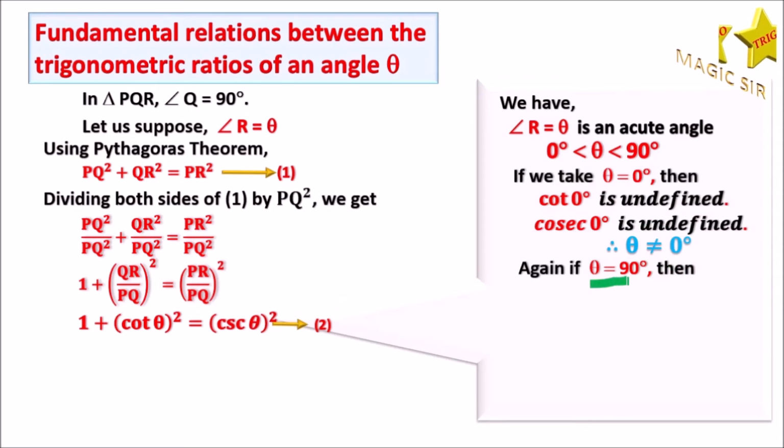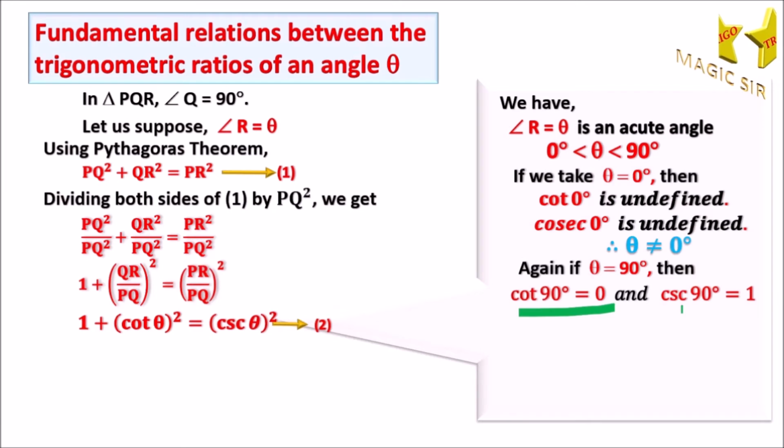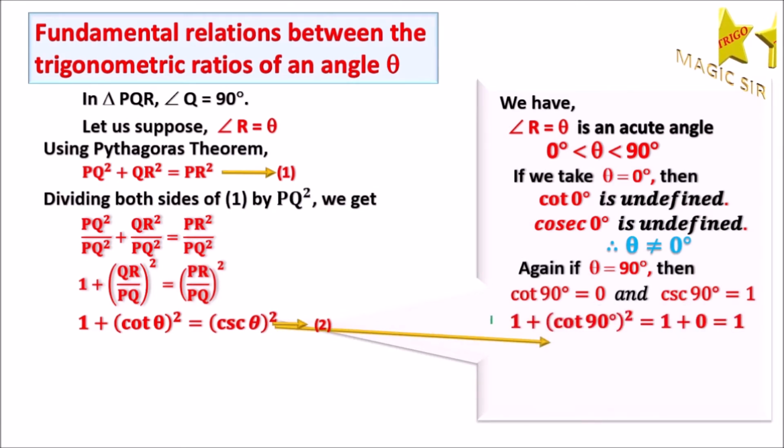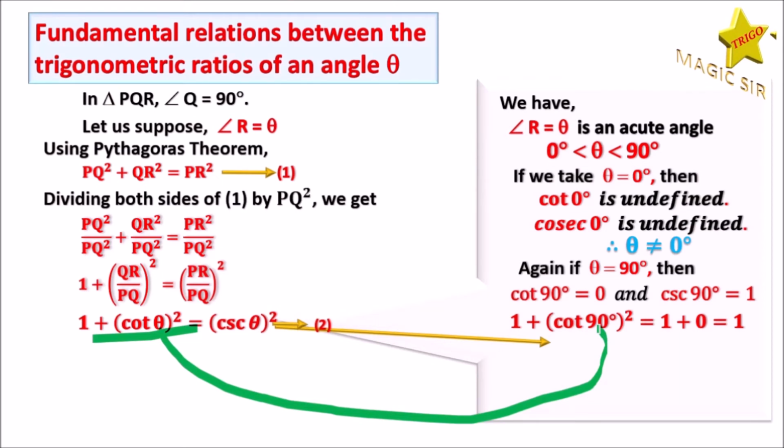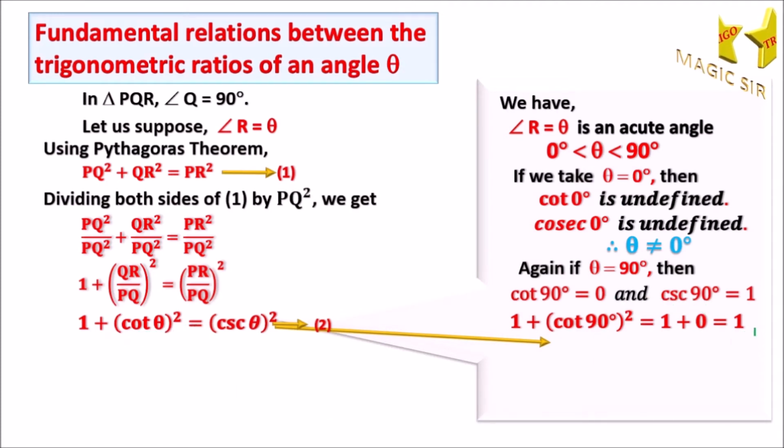Again, if we take theta equal to 90 degrees, then cot 90 degrees is equal to 0 and cosec 90 degrees is equal to 1. Therefore, the left hand side of equation 2 is 1 plus cot 90 degrees whole square, which is 1 plus 0, equal to 1.